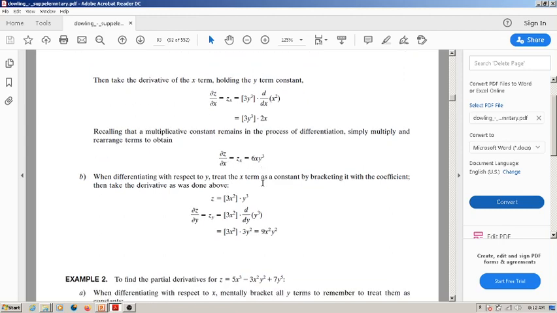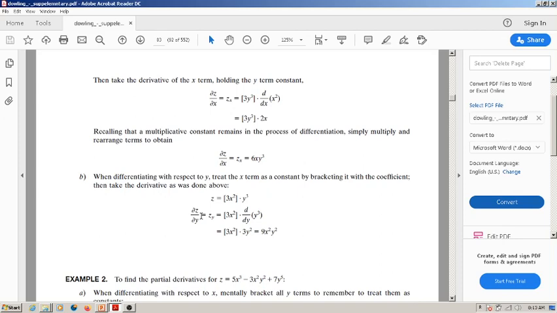In the similar manner, you can calculate the partial derivative with respect to y. When differentiating with respect to y, treat the x term as a constant, the reverse pattern. In the previous case, we considered 3y cube as a constant. Here, we are taking 3x square as a constant, considering only the y term. You can bracket the x term and the coefficient together, and out of the bracket, write the y term.